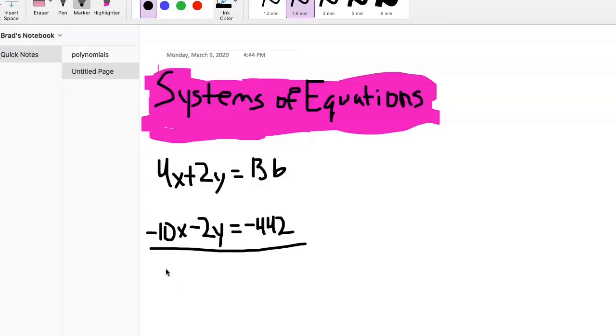So 4x minus 10x is negative 6x. The 2y and the negative 2y cancel out, because 2 minus 2 is 0. Y minus y is 0, so those don't exist anymore. Now we just have negative 6x, and then we have 136 minus 442, which is negative 306.